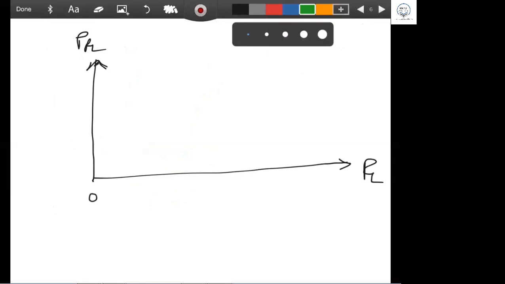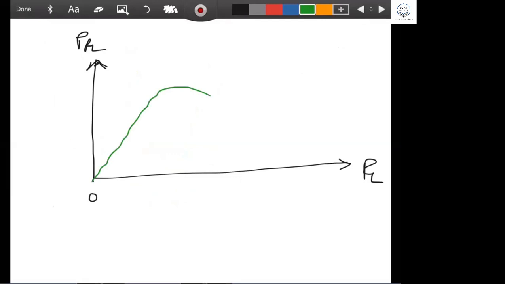The curve I'm going to draw comes like this, like that. And for that circuit, you got the RL value and you got the maximum power, Pmax, at this point.